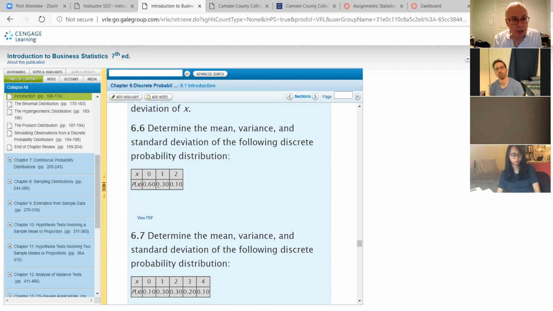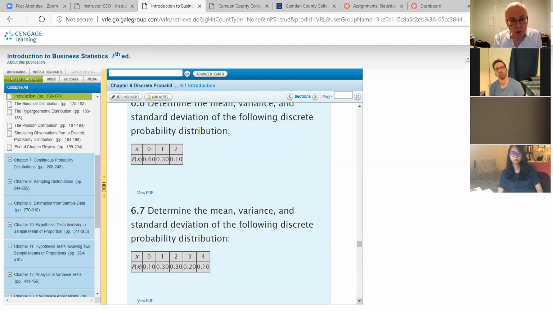And here they give you different cases where you're supposed to calculate the mean, variance, and standard deviation of each one of these. Again, you can do it by hand with a calculator, or you can use a spreadsheet. Since you're doing your homework, quizzes, and tests all at home, you have your computer there. Use the tools that you have.